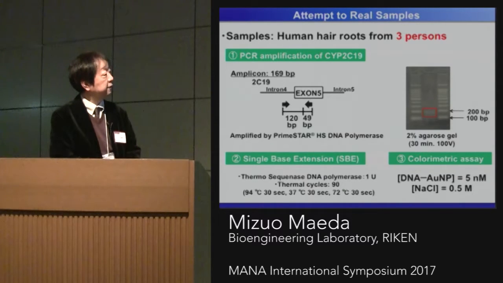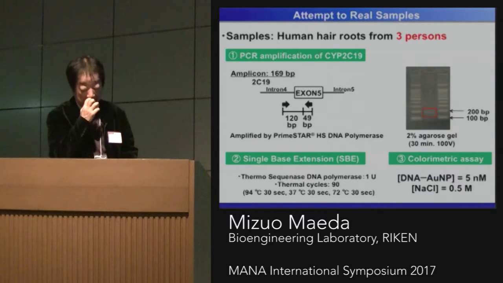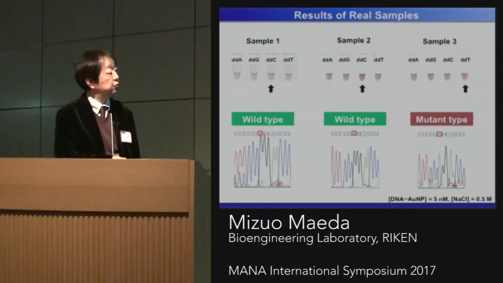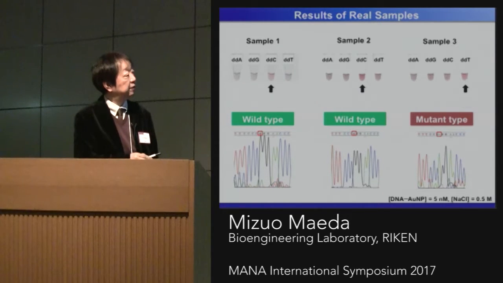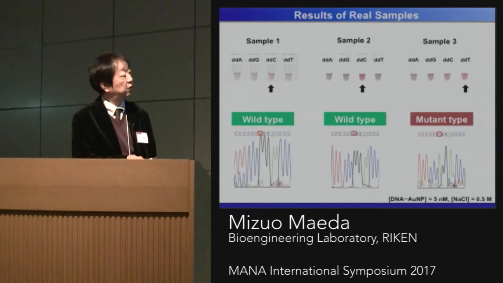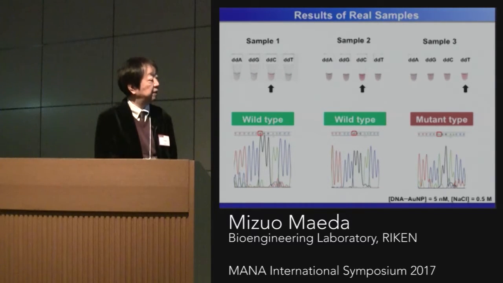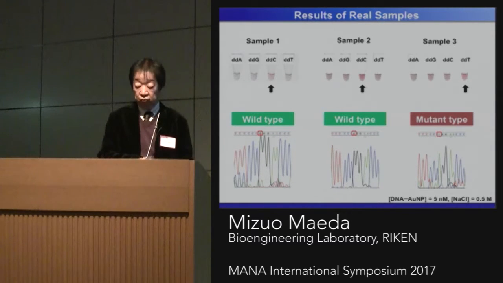And actually we used three persons' hair to check the SNPs of each person, and this is the result. Wild type and mutant, and this is the result of DNA sequencing. This endorsed the results of our test tube systems.